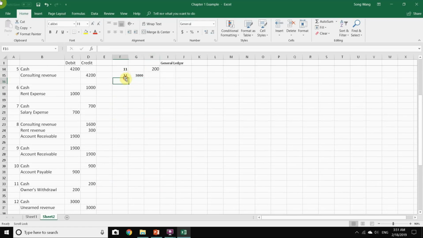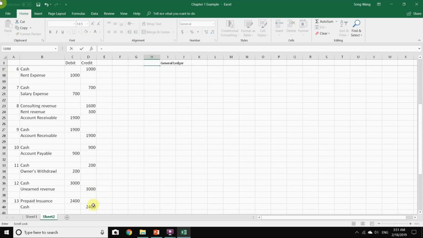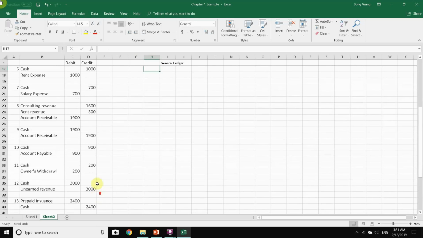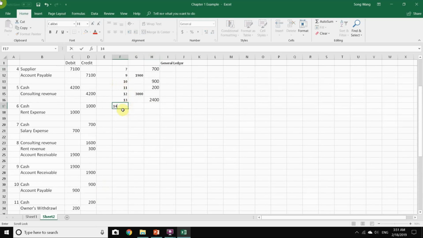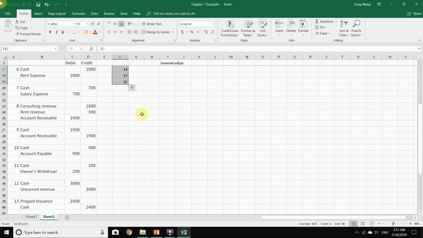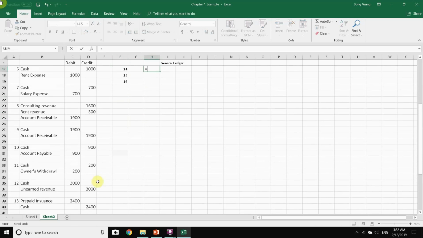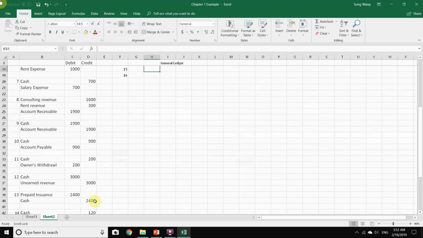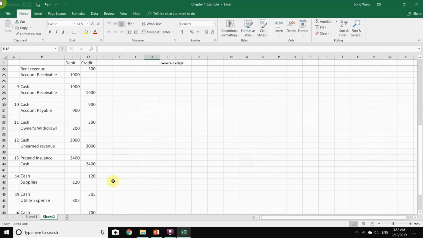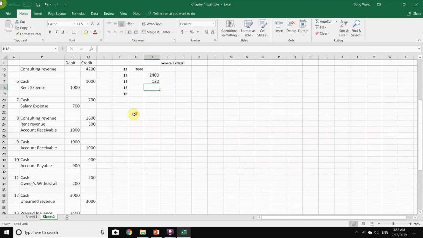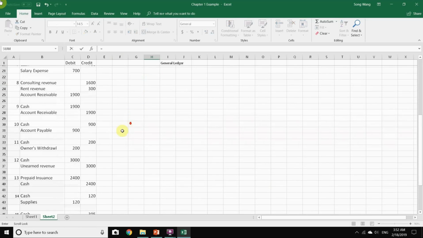And then number 13, you have a credit of 2400. And then numbers 14, 15, and 16, so it's right here. Number 14, just drag it down. Number 14 is 120 credit. Number 15 is 305 credit.